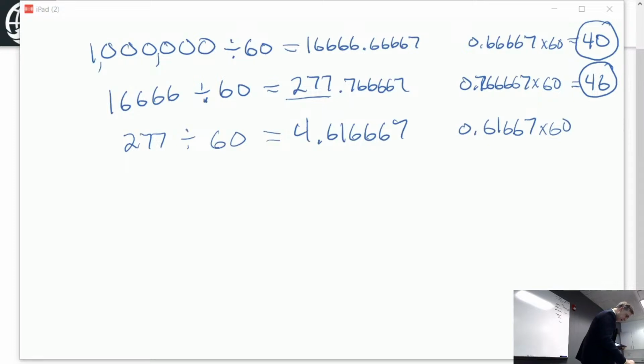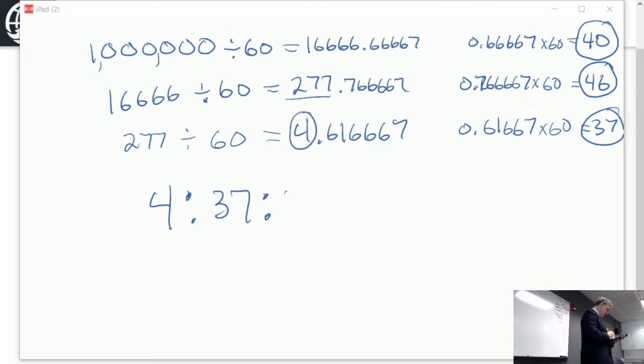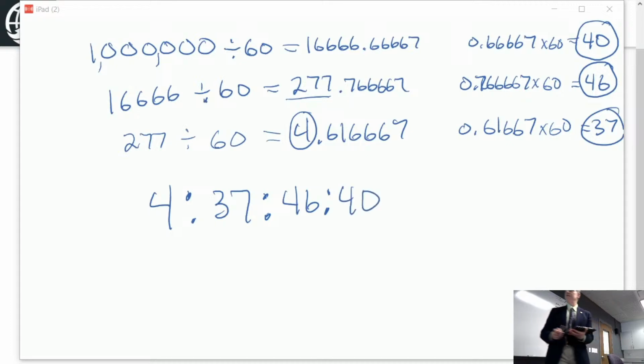Let's see, give me a sec here. I got 37. And then the leftover is just the 4 there. So here's how I might do this. 4, 37, 46, 40. So this is 40 seconds, 46 minutes, 37 hours. What's this? I guess it's super hours?